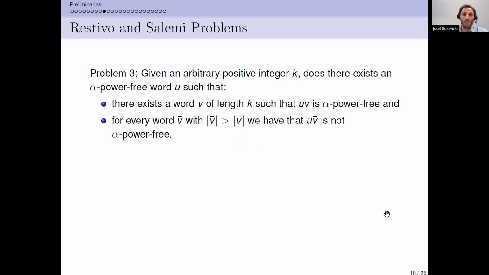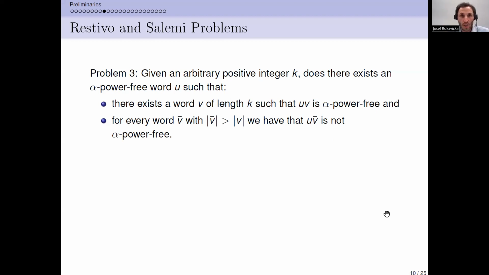Problem 3. Given an arbitrary positive integer k, does there exist an alpha power free word u such that... I'm looking for the maximal extension of the word u in such a way that there is no longer extension of the word u that is alpha power free.